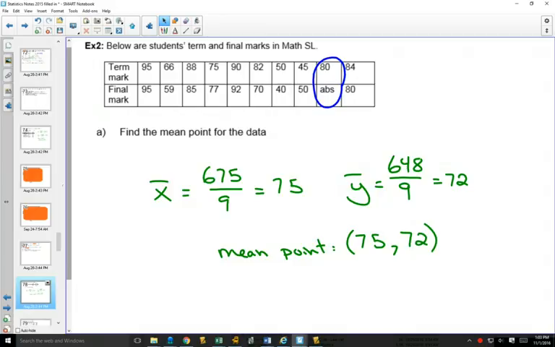Well, if we want to find the mean point for this data, then we have to ignore that person, because they don't have a value for their final score. So adding up all the scores and dividing by how many people you have gives you a mean point of 75 and 72.